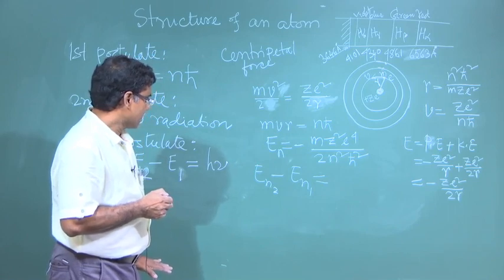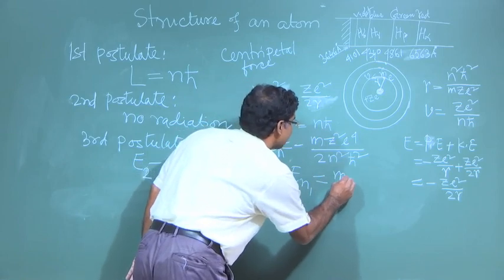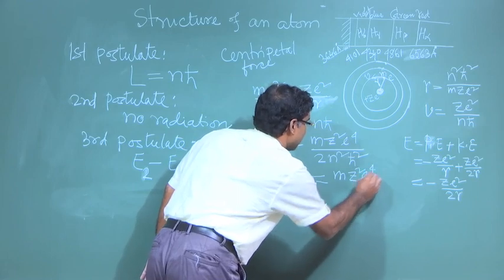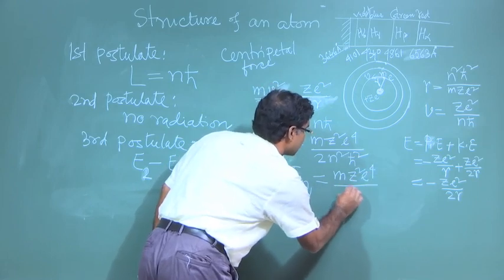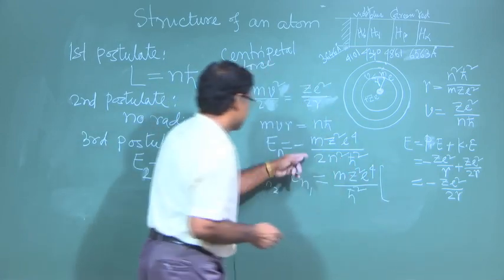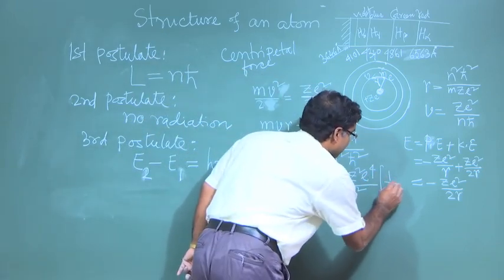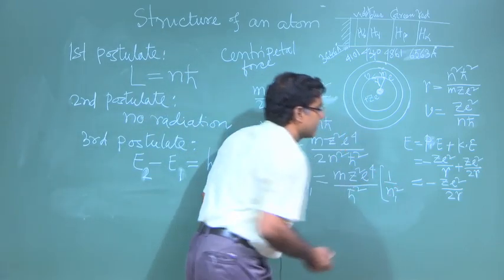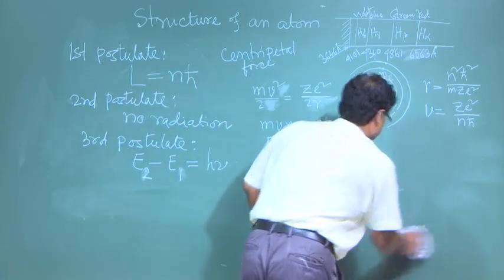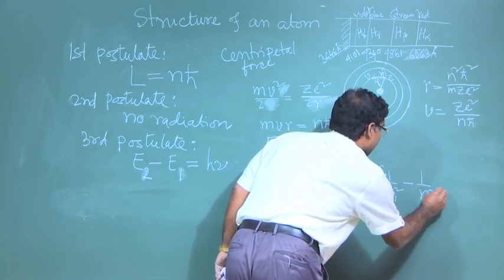Okay. So, for this I can write m Z square e to the power 4 by 2 h cross square. Then, since minus sign is there, you will get 1 by n1 square minus 1 by n2 square. Okay.